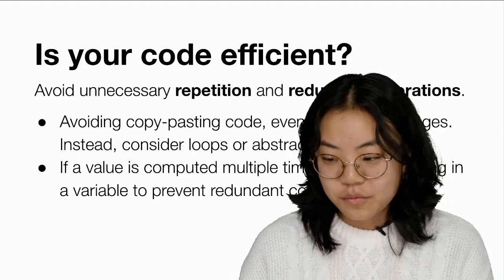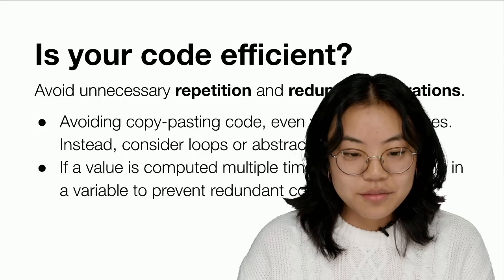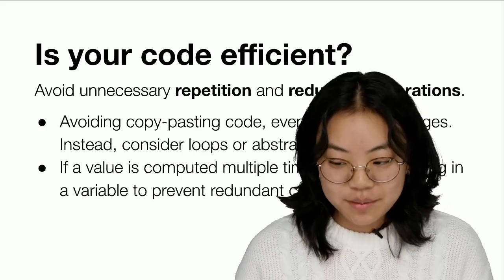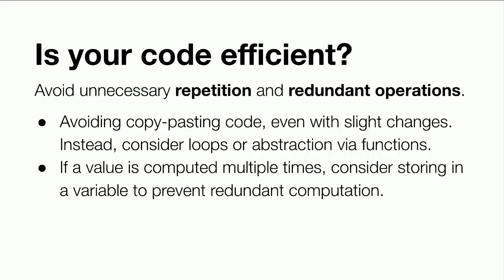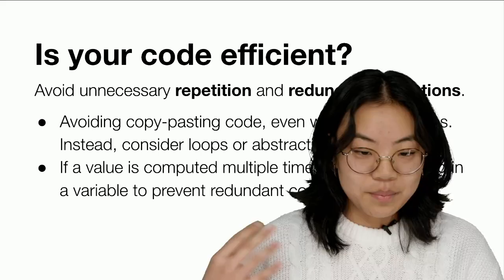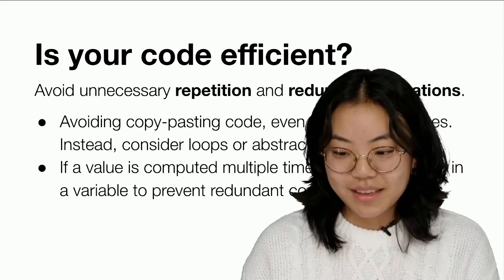And with redundant operations, if a variable is computed multiple times, that can also be a sign that maybe you should consider storing this value in a variable so that you're not repeatedly computing the same thing over and over again.